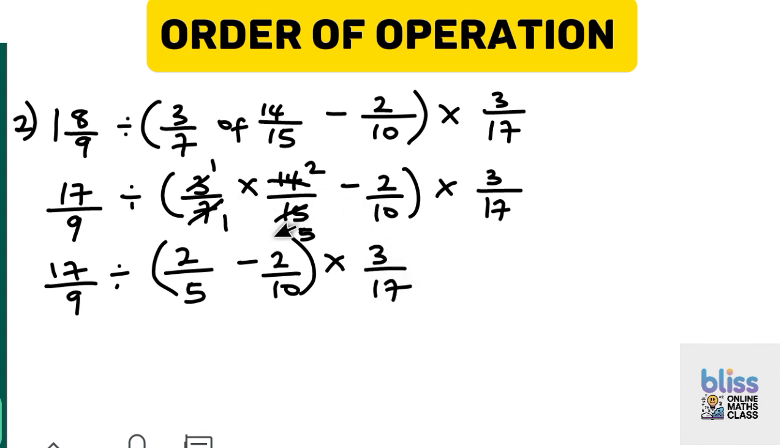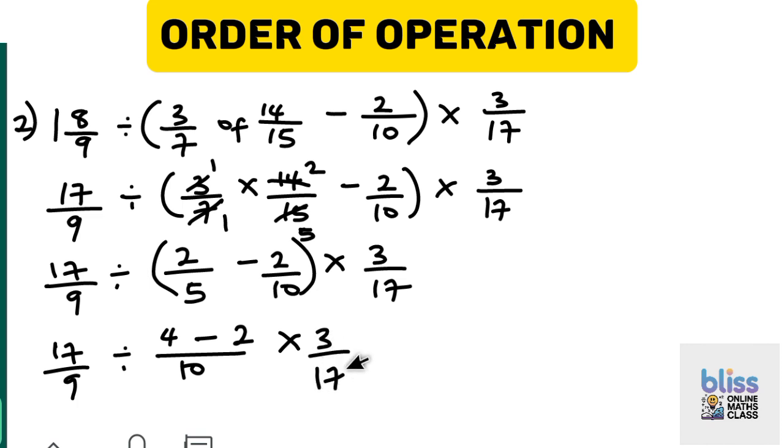Now after cancelling here, we have this. So what we have to do now is to check for the LCM of 5 and 10 so that we can open up this bracket. So this will be equal to 17 over 9 divided by the LCM of 5 and 10, which is 10. 10 divided by 5 is 2. 2 times 2 is 4. Minus, because we have minus here, 10 divided by 10 is 1. 1 times 2 is 2. Then you bring your times 3 over 17.